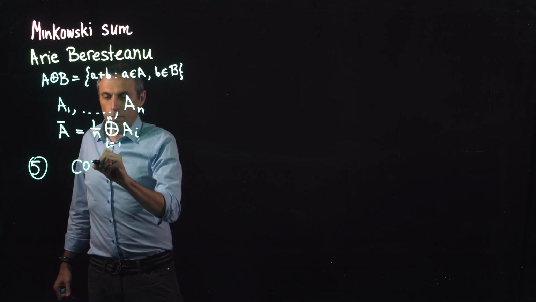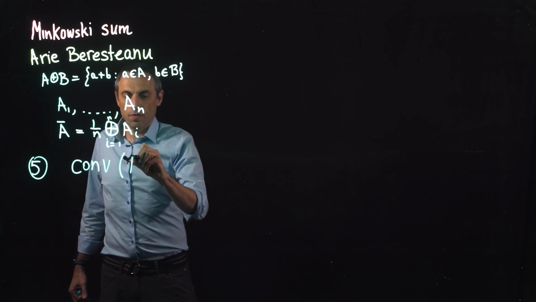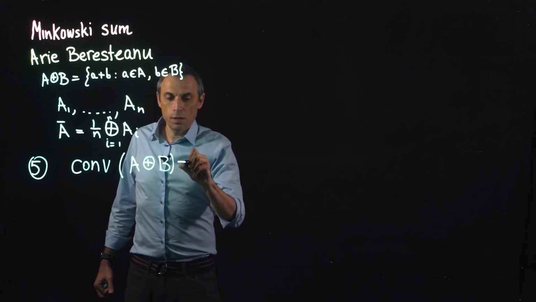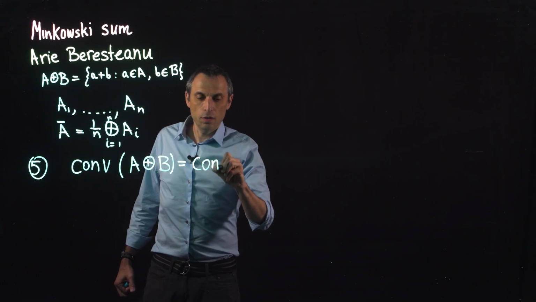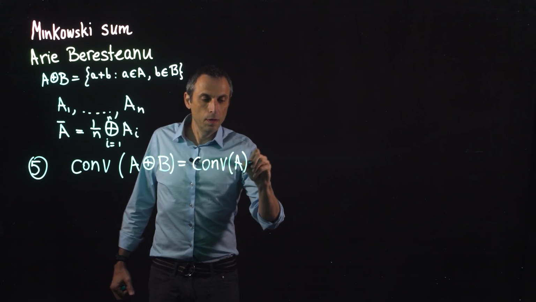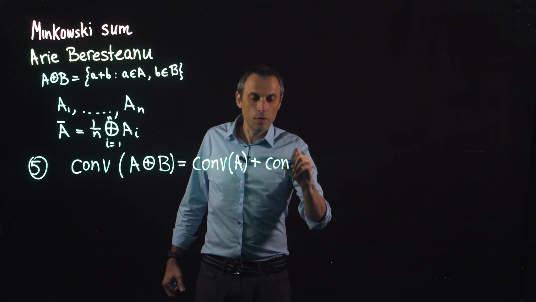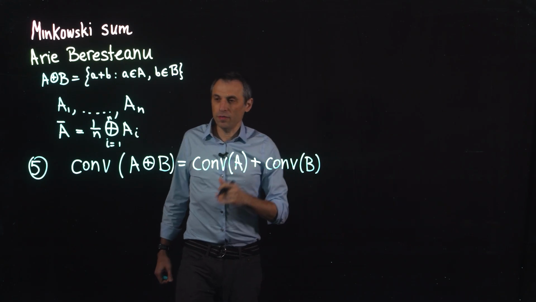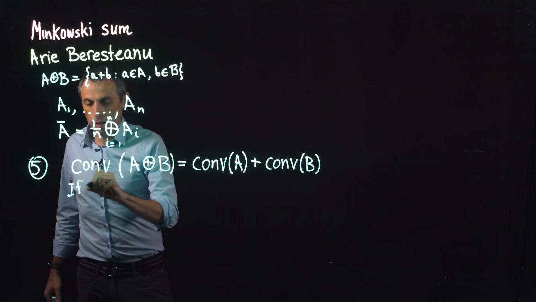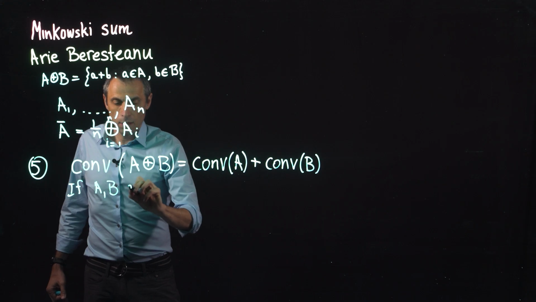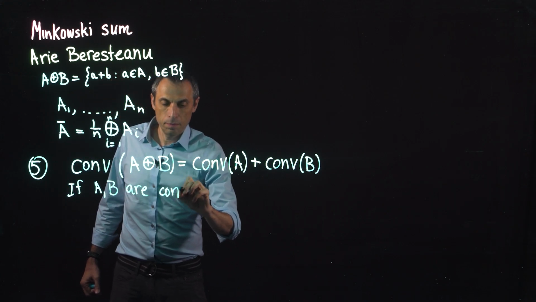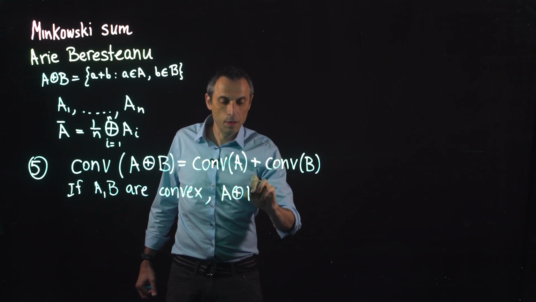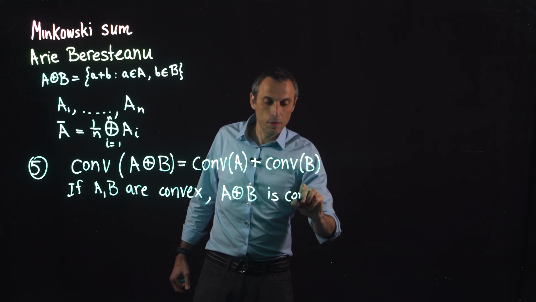The convexification, the convex hull, of the Minkowski sum A plus B is equal to the convex hull of A plus the convex hull of B. And as a conclusion from number 5, if A and B are convex, then the Minkowski sum A plus B is also a convex set.